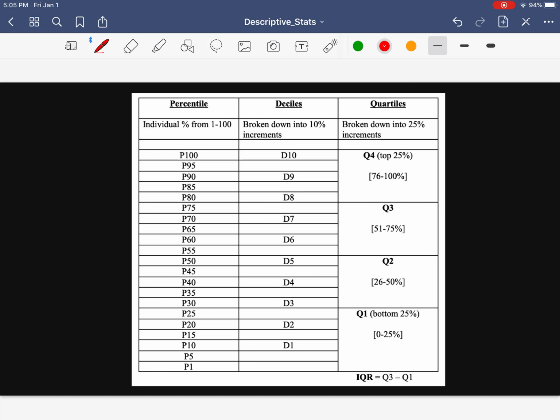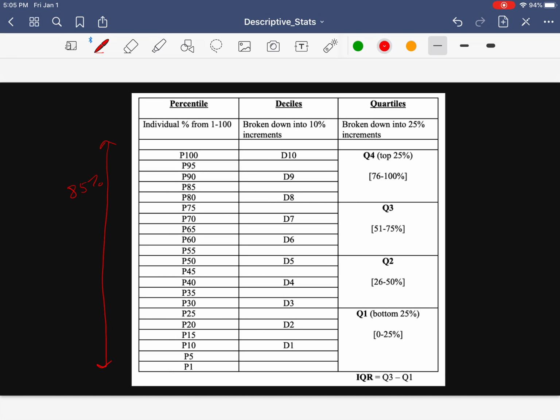When I was studying way back when, this is something that I came up with to understand better. So imagine a scale going from 1 to 100. So maybe you get your verbal scores back from your SAT or GRE, and you are at the 85th percentile.